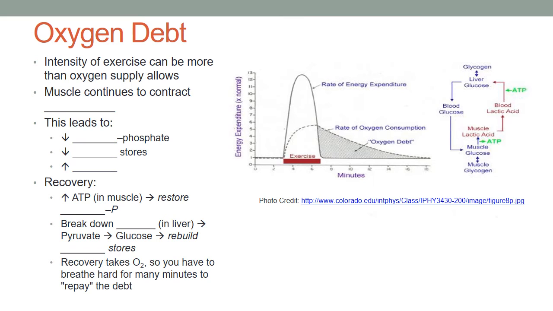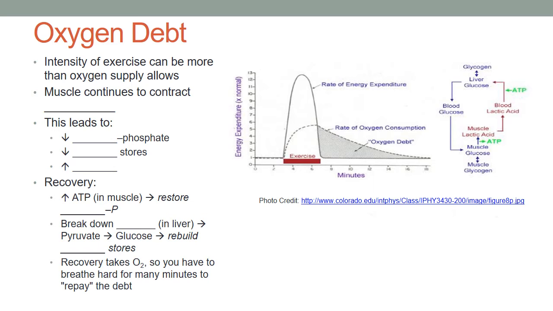The other possibility for problems that can occur with muscle contraction is oxygen debt. This is different than fatigue, because in a case of oxygen debt, you're able to keep using your muscles. You just have to keep using them anaerobically.